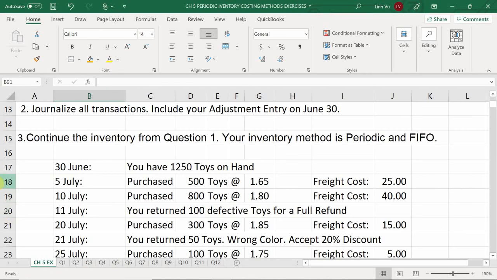So then what happened on July 10? Purchased 800 at $1.80 with a freight cost of 40.